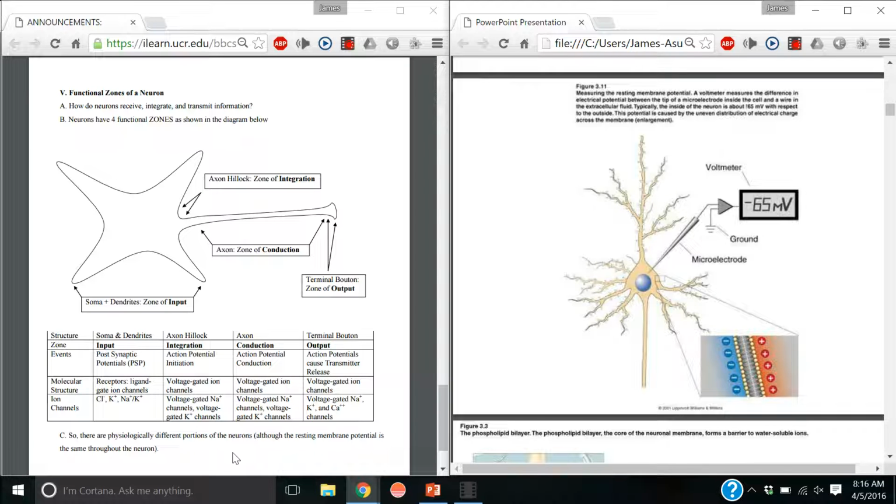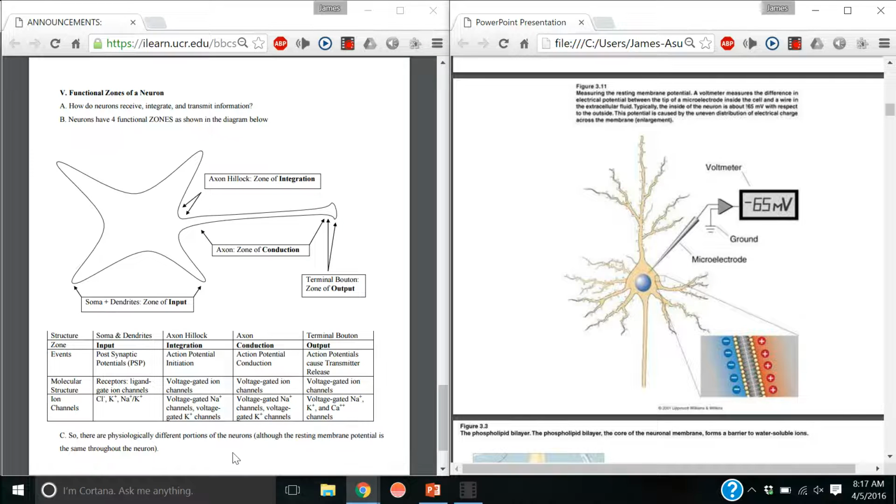In contrast, the other parts of the neural membrane, the axon hillock, the axon, the presynaptic terminal, have different kinds of ion channels. So you travel along here to the zone of integration, that is the axon hillock, or the axon itself, the zone of conduction, or the terminal bouton, the zone of output.